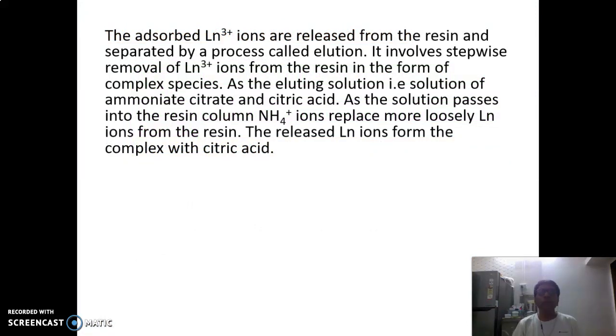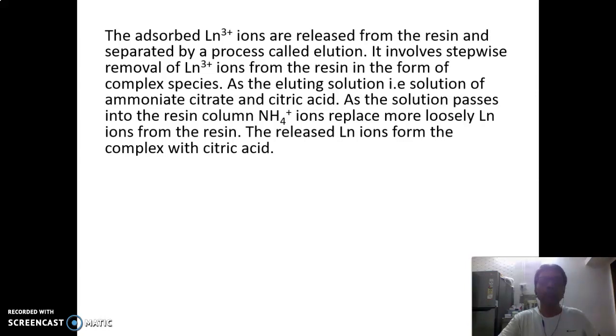The adsorbed lanthanon ions are released from the resin by a process called elution. Elution involves stepwise removal of the lanthanon ions from the resin in the form of complex species.